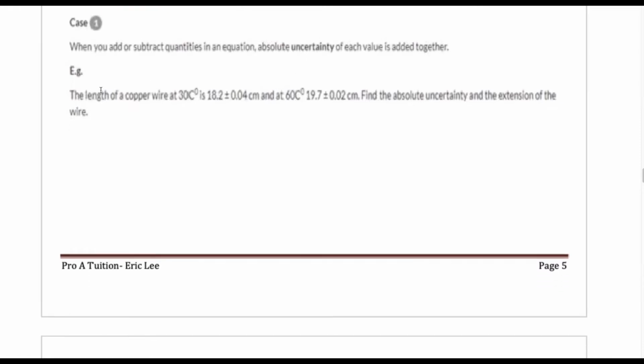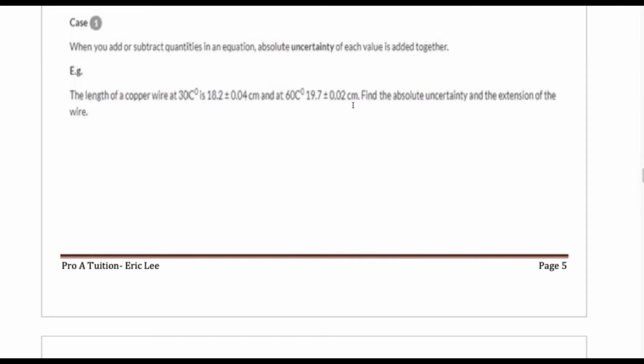We take one example here. The length of a copper wire at 30 degrees Celsius is 18.2 plus minus 0.04 cm, and at 60 degrees Celsius it is 19.7 plus minus 0.02 cm.